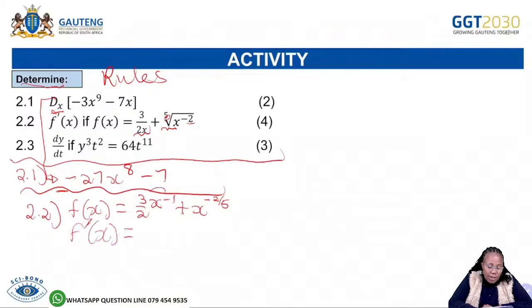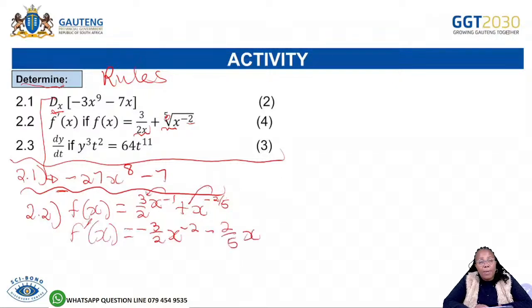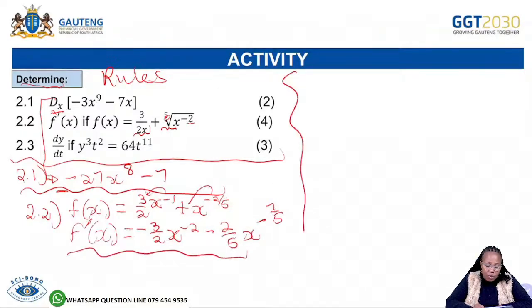That is negative 1 times 3 over 2, minus 3 over 2. X to the power minus 1 minus 1 is minus 2, okay? Negative 2 over 5 times 1, negative 2 over 5. X to the power minus 2 over 5 minus 1 is minus 7 over 5. Then that is your derivative for number 2.